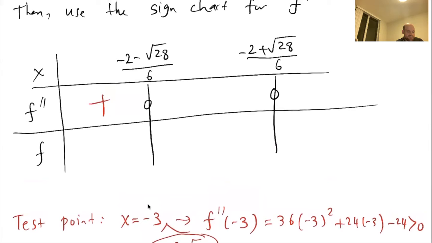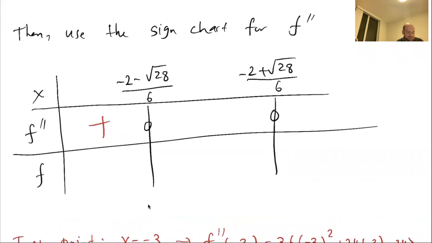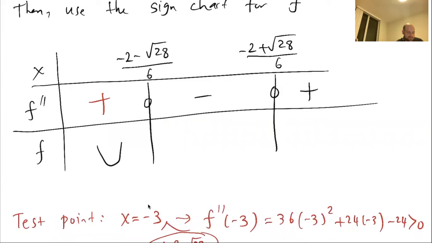So positive here, and the signs will change alternately. Again, we don't have any repeated root, so signs change alternately. So minus here, plus here. And so here we had concave up, concave down, concave up.